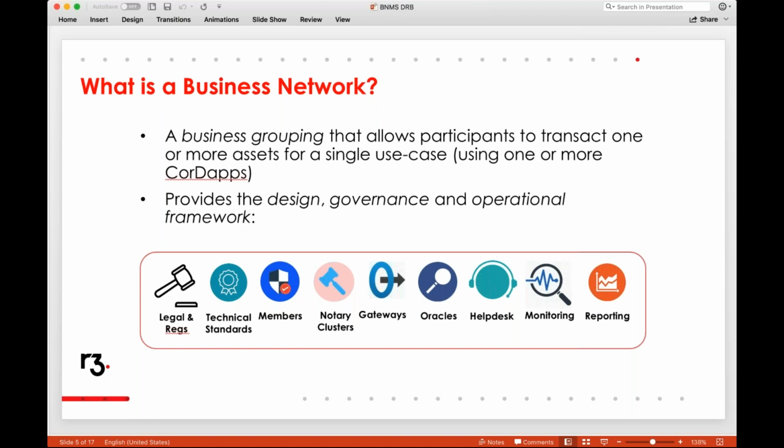And a single compatibility zone, just to reiterate this, will be able to contain multiple business networks. So multiple business networks operating within the same global environment, but this means if we would like to transact some asset for some specific purpose, you would have to join the business network in which this asset is transacted.